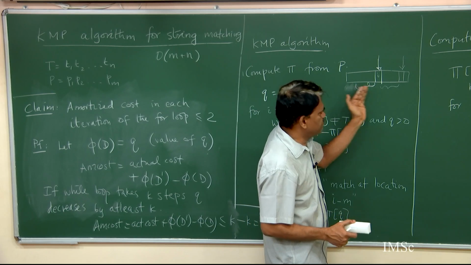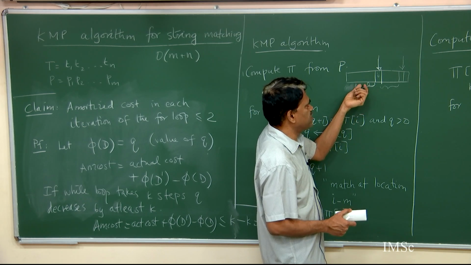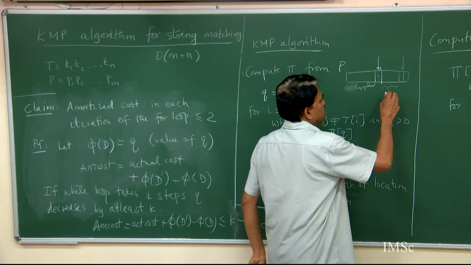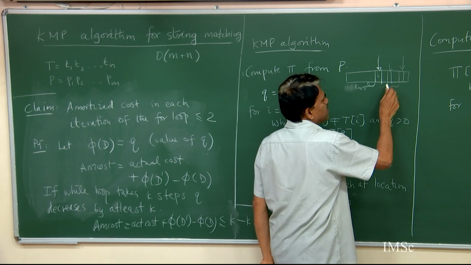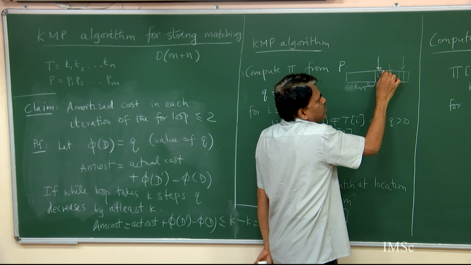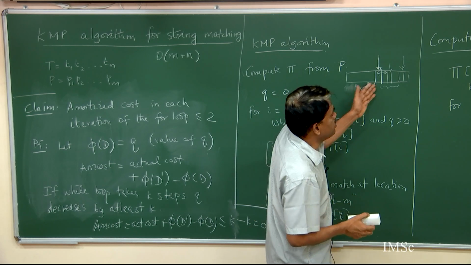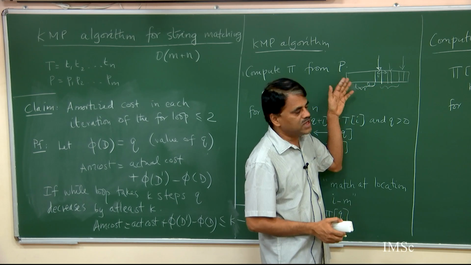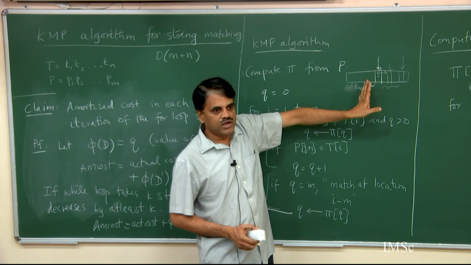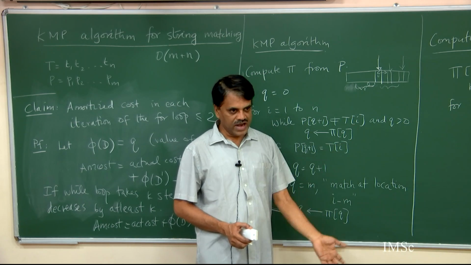So, when pi shifts things, then I have only 5 characters, and then another shift will tell me that I have matched only 2 characters, 1 character, things like that, right. So, now it is not possible that if there is a mismatch here, I will be doing some m comparisons, because I have matched only very few things. So, I will be doing only that many comparisons, unless I have gone very far away, I have done so much match. So, that means that if you hit with one cell some m comparisons, that can happen for at most n over m such cells. So, that would give you an order n time.